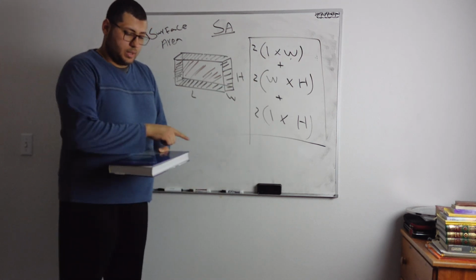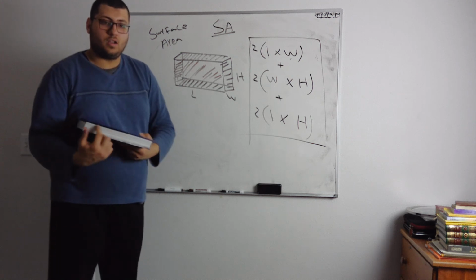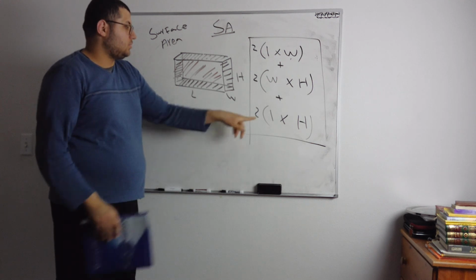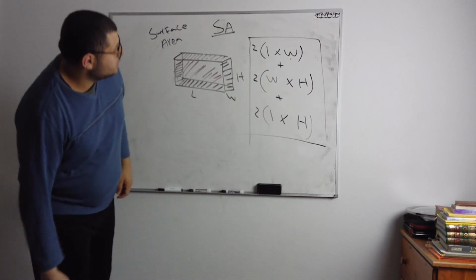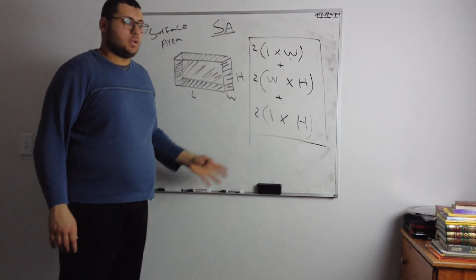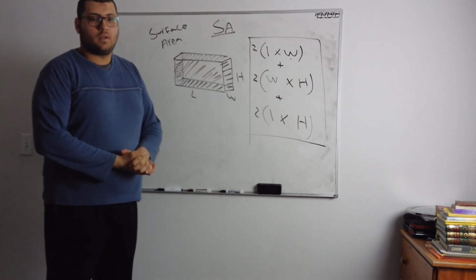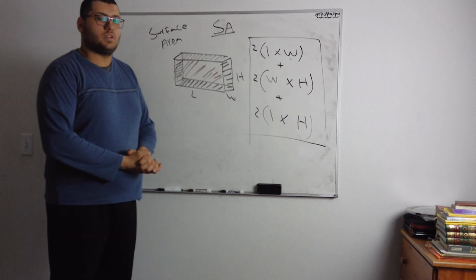Length times height: I found the area of this part, but to account for the part in the back, I multiply that by 2. I multiply each one by 2, add all of them together, and I'm done. I found the surface area of the shape.